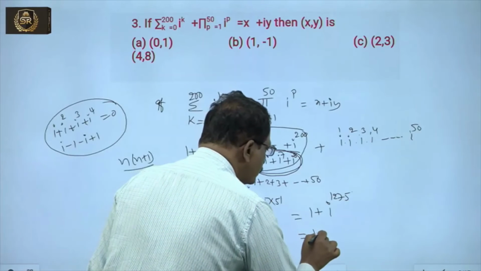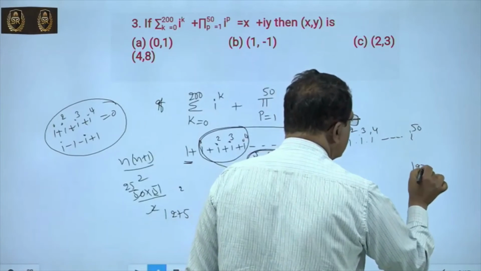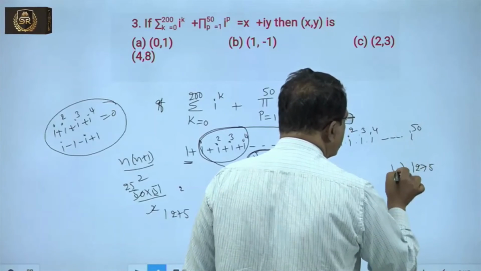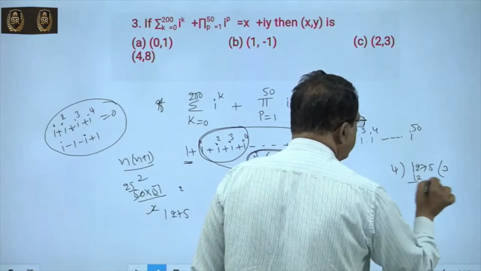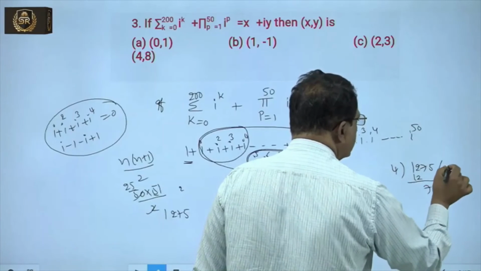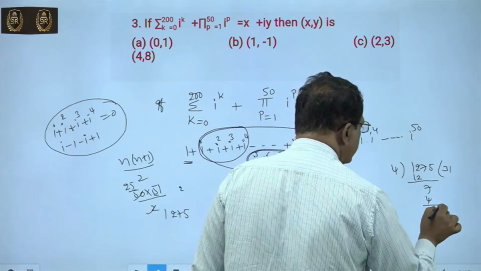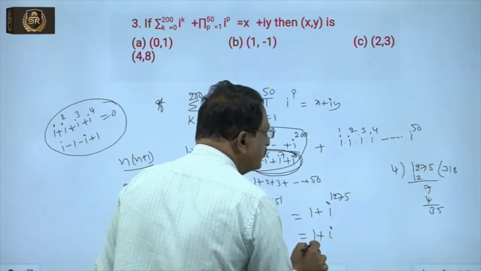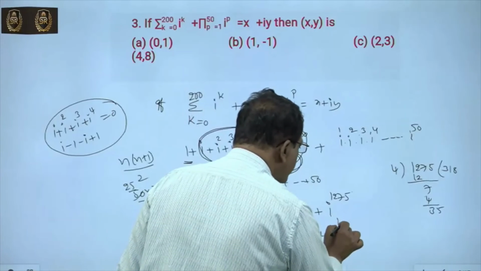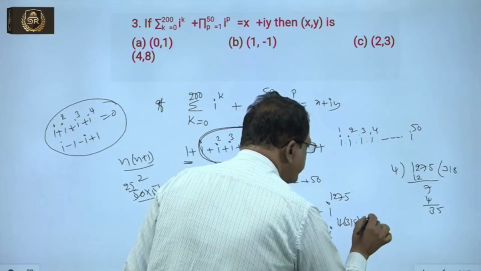That equals 1 plus i to the power of 1275. Divided by 4, we get 4 3 is 12, 7, take 1, 35, 8. Now it equals i to the power of 4 into 318 into i cube.